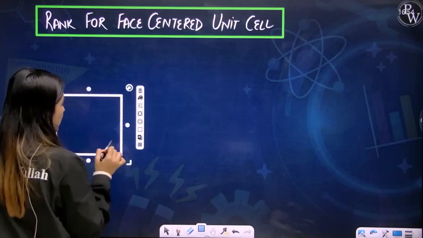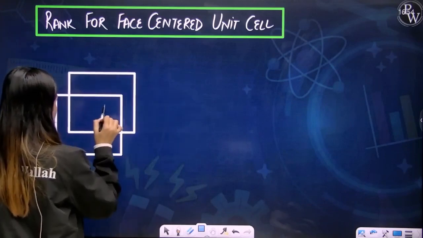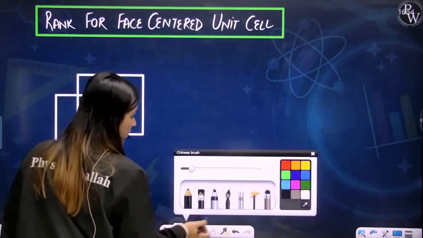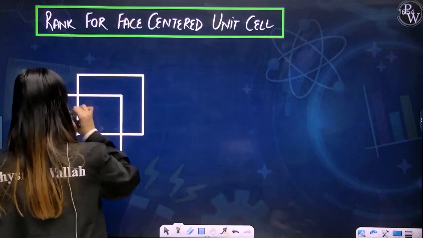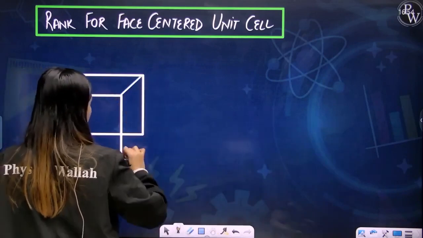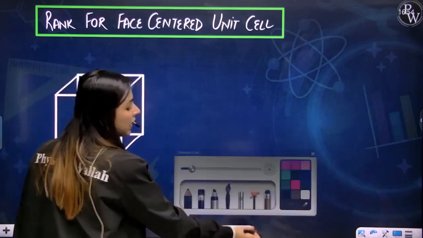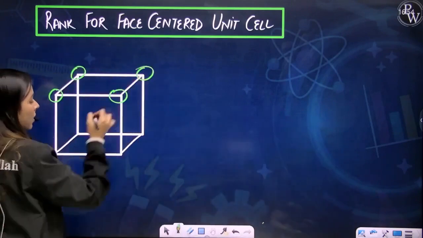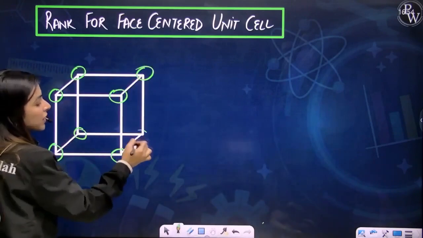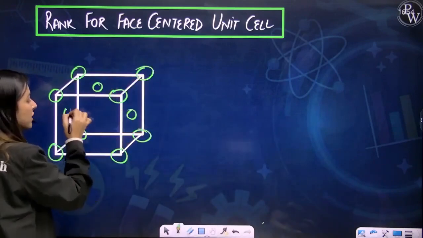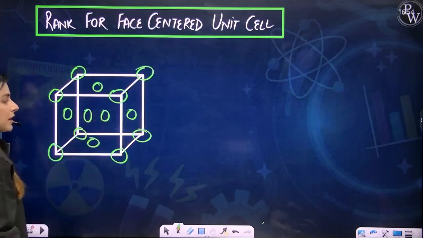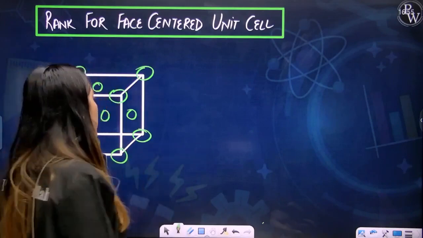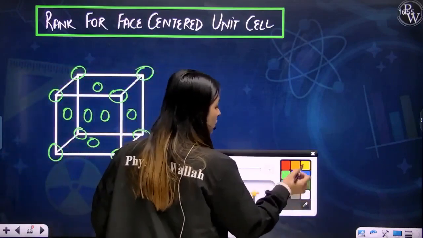So let's try to draw it. In face center, you know that atoms are present at the corners. Also, they are present at the face centers, all the face centers. Yes, all the face centers. So now we have to calculate the rank.